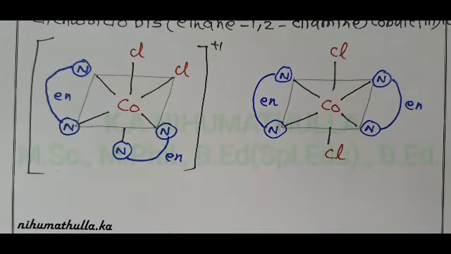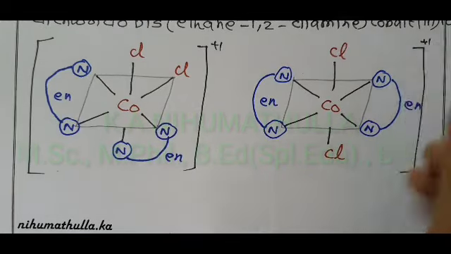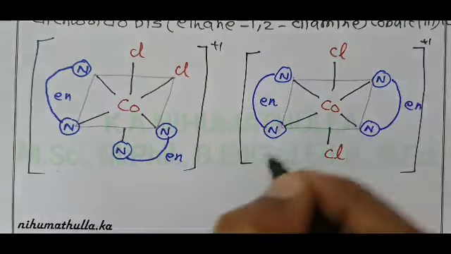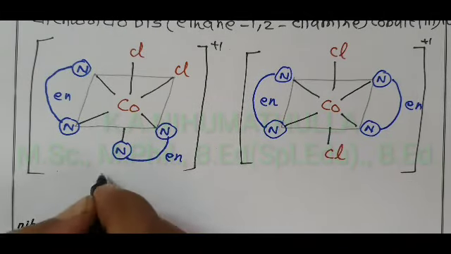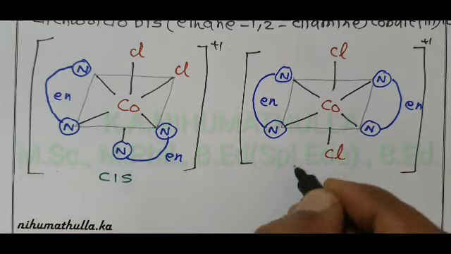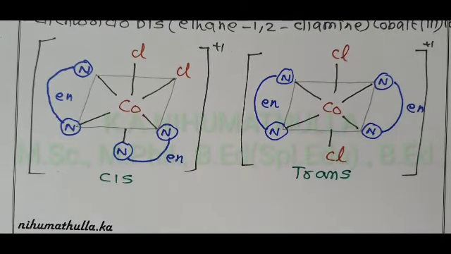Charge on the complex is plus 1, here also plus 1. The 2 chlorine atoms in 1, 2 position is called cis, and 2 chlorine atoms in 1, 6 position, opposite positions, is called trans.